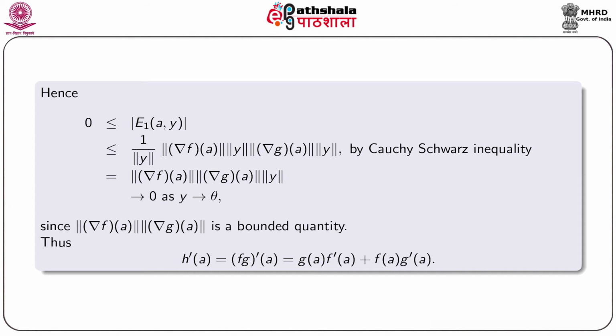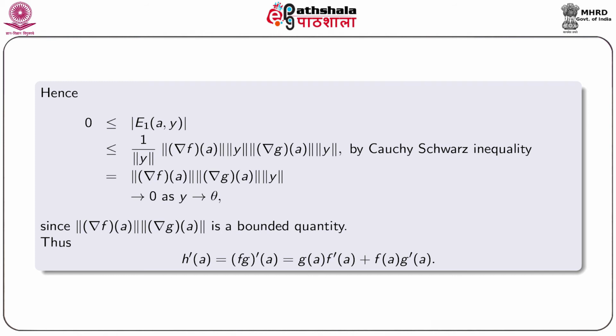That is, if u and v are two vectors, then modulus of the inner product of u and v is less than or equal to norm u norm v. So, the 1 by norm y takes care of the norm y in the denominator. So, finally, we are left with norm of nabla f a multiplied by norm of nabla g a multiplied by norm y.